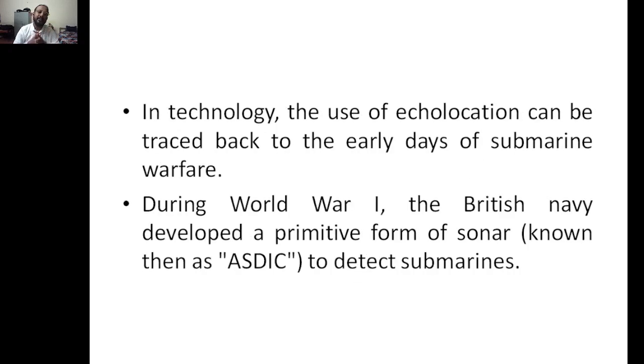So in technology, the use of echolocation can be traced back to the early days of submarine warfare. That was about biological; in technology, where exactly has it been used? You can trace it back to early submarine warfare. During World War I, the British Navy developed a primitive form of sonar known as ASDIC to detect submarines.